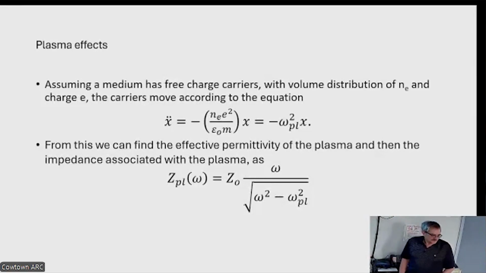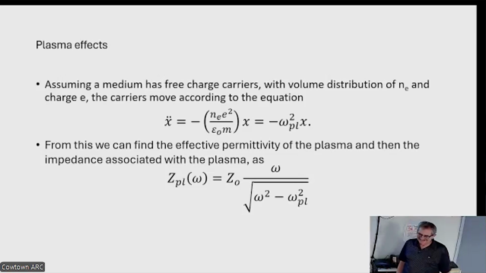Dave, is that MUF, or is that something else? MUF is based on what the foF2 is. Maximum usable frequency is usually about 80% of the MUF. I'm trying to wrap my head around plasma.